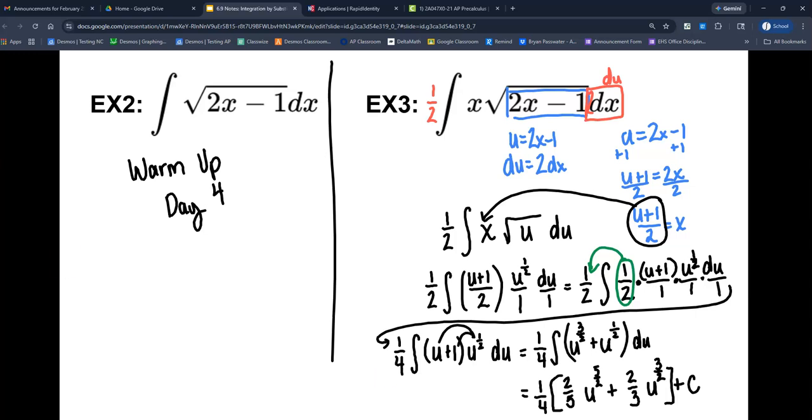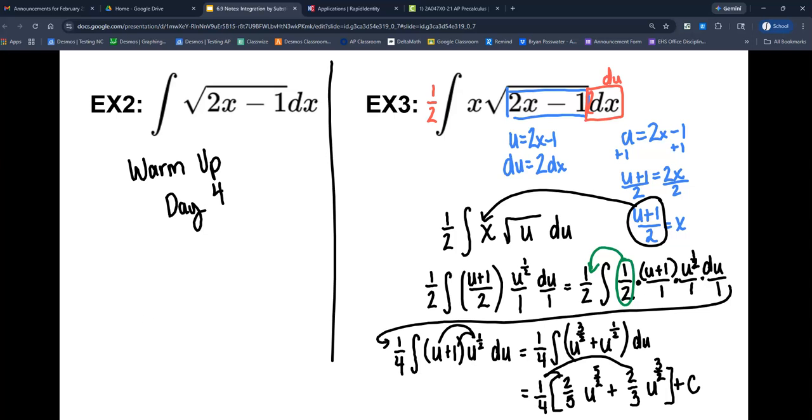And then I'm going to write my answer over here because I ran out of room. We are done. You might see it with the 1/4 left out. They might distribute that 1/4, and they're definitely going to substitute the x's back in because this is not a definite integral. Your answer needs to be back to x's.